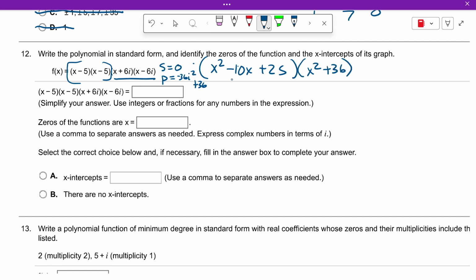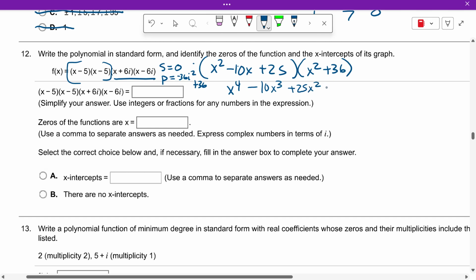And then we have to FOIL this to get x to the fourth minus 10x cubed plus 25x squared plus 36x squared minus 360x plus 36 times 25, 900.